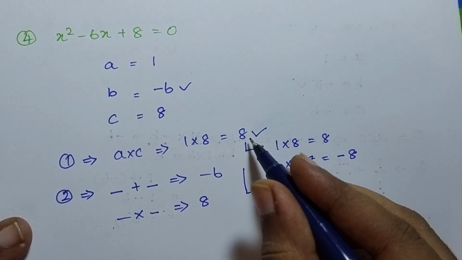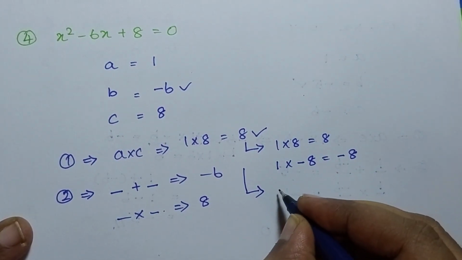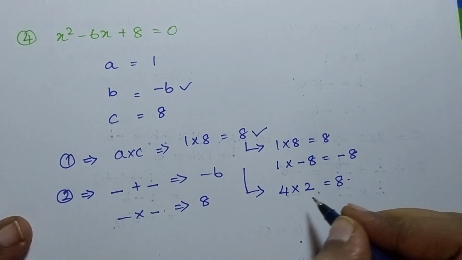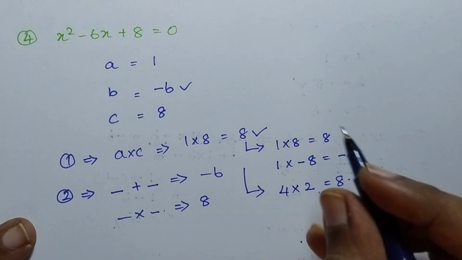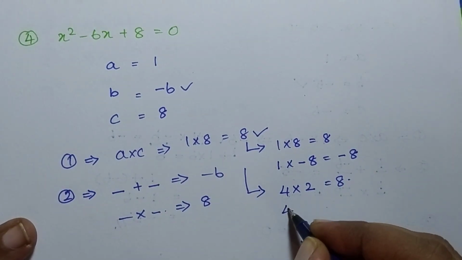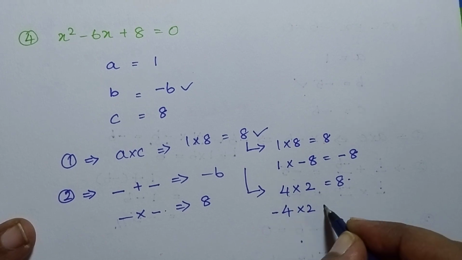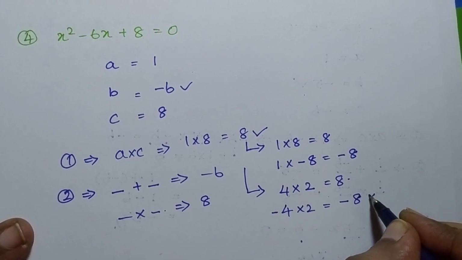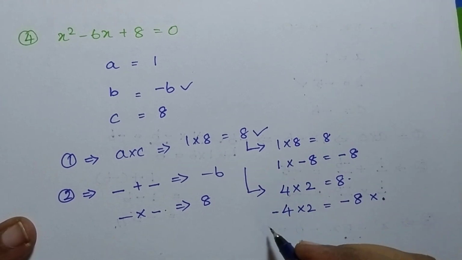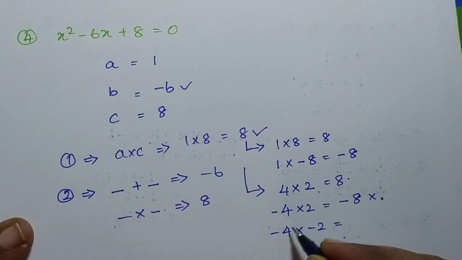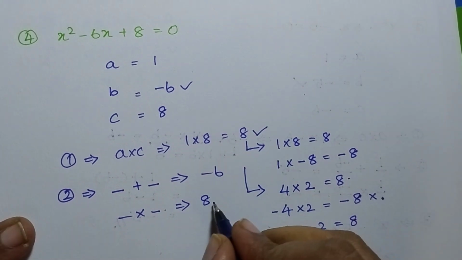What is it when I will get 8? 4 2s are 8. Okay. So I want the minus sign. If I use minus for the greater term, then I will get minus 8. So I will not use that here. So if I apply minus for both, minus into minus is plus, 4 into 2 is 8. So I get this 8.